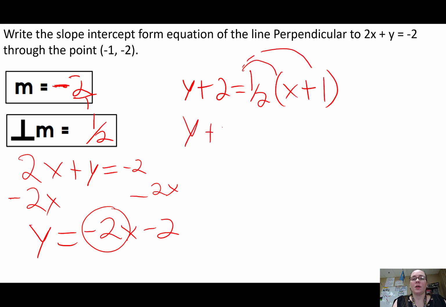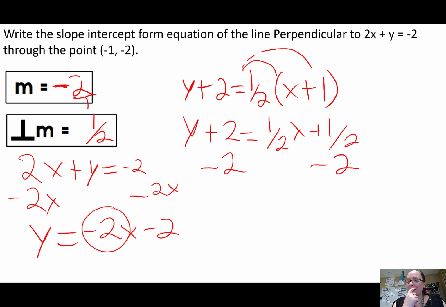All right, so we get y plus 2 is equal to distributing our slope, so we get 1/2 x plus 1/2. Minus 2 on both sides. And we get y is equal to 1/2 x plus, or in this case, we're going to minus, right? So 1/2 minus 2 is a negative 3/2, or you could say negative 1 1/2.